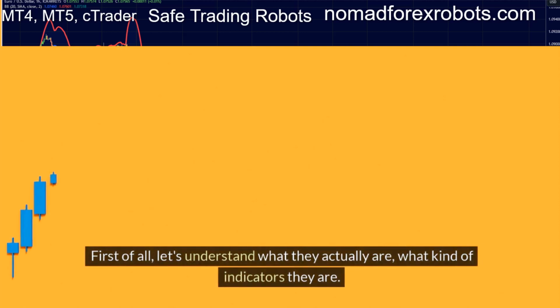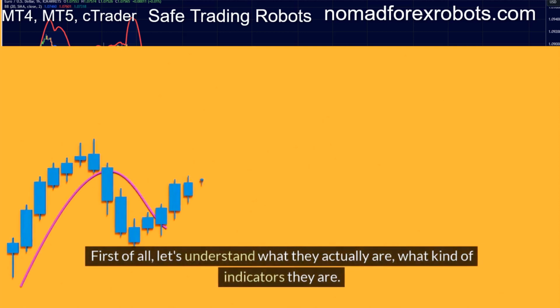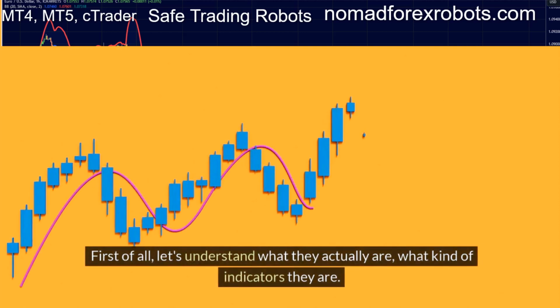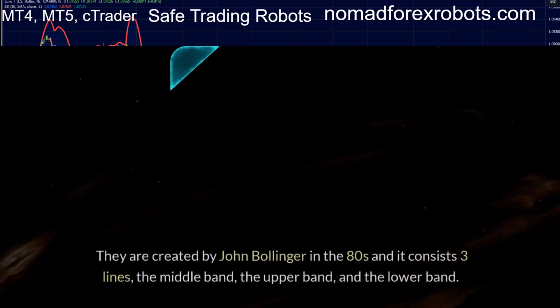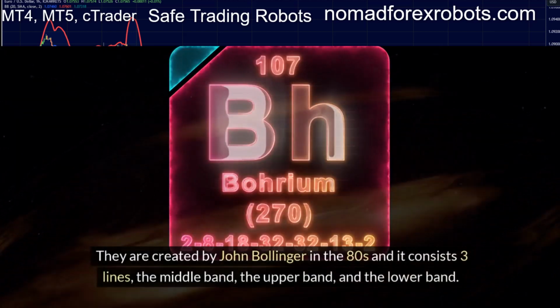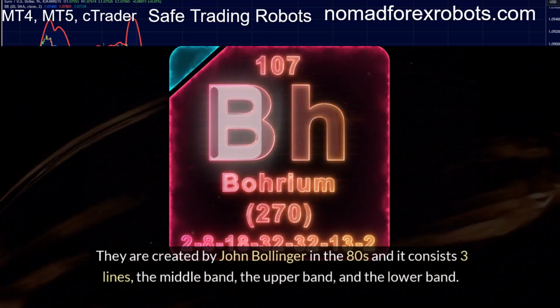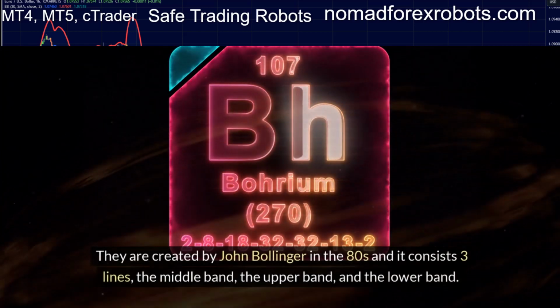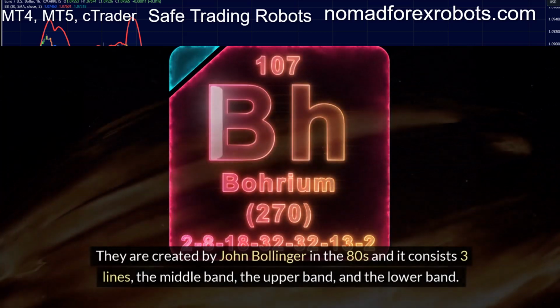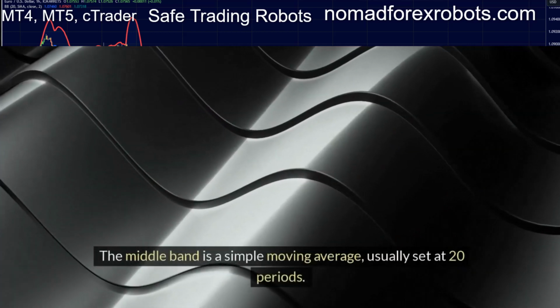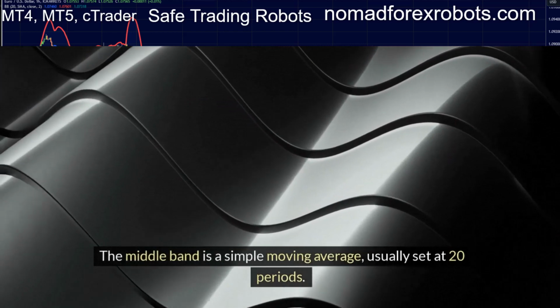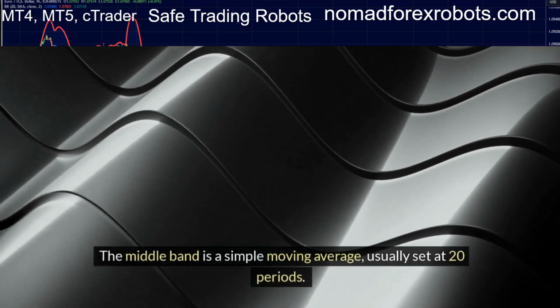First of all, let's understand what they actually are, what kind of indicators they are. They were created by John Bollinger in the 80s, and they consist of three lines: the middle band, the upper band and the lower band. The middle band is a simple moving average, usually set at 20 periods.